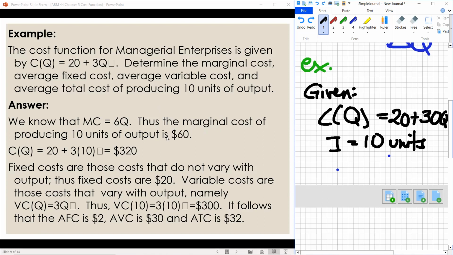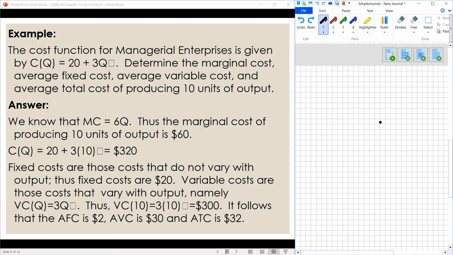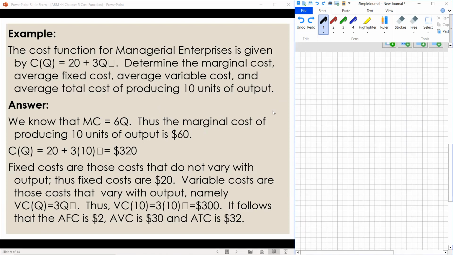So as we all know, given a total cost of producing an output would be at 10. So let's try to solve this one. So that means we have a marginal cost of 6Q.